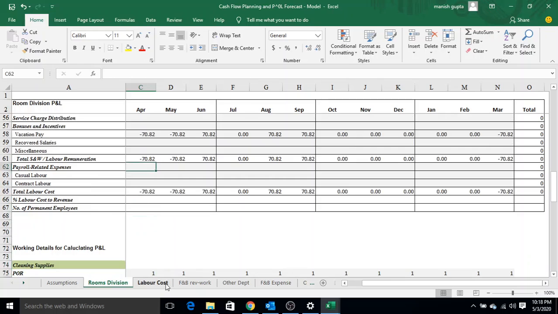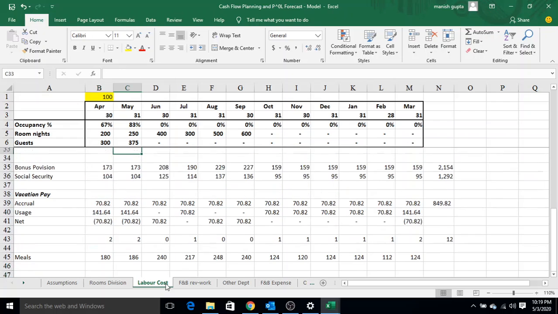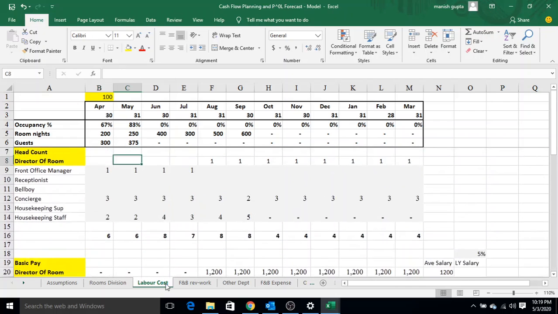Then we also do the casual labor and contract labor budget based on our existing contracts, or based on the volume that we are estimating here, and whether our housekeeping staff would be enough or not.